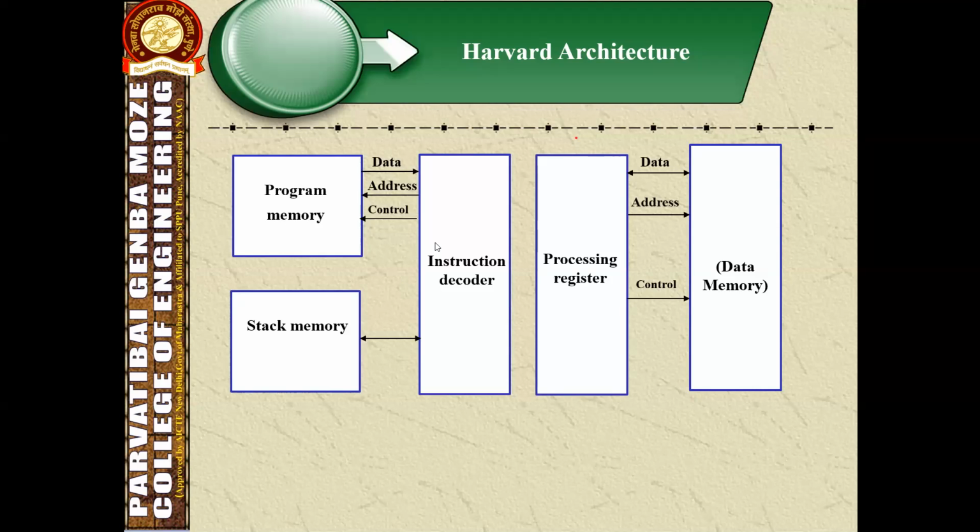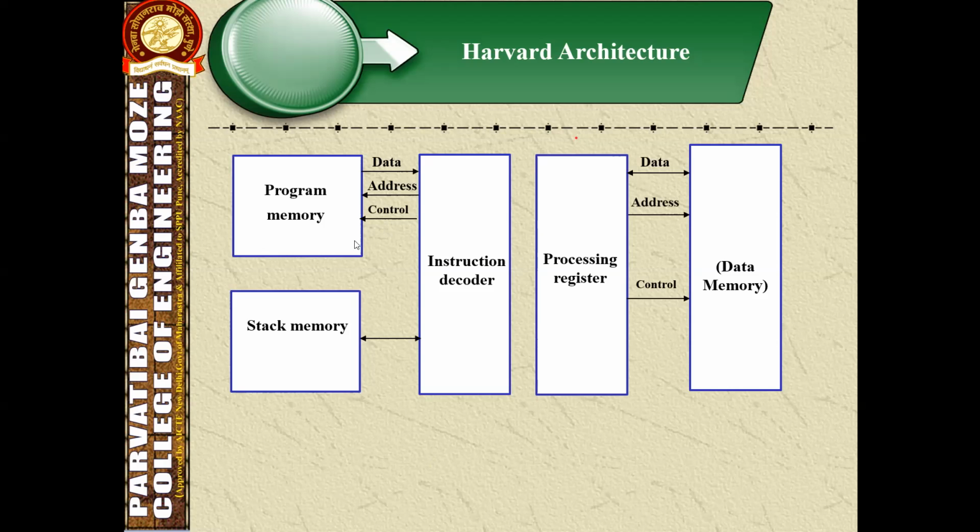The figure shows the Harvard architecture. This system architecture was designed and recommended by Harvard University. As per this architecture, the processor has two different memory spaces with separate memory maps. They are data memory and program memory respectively.